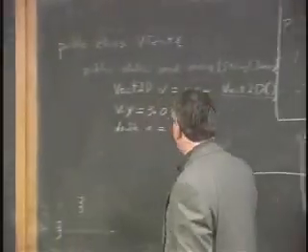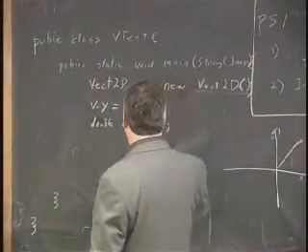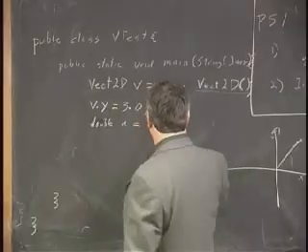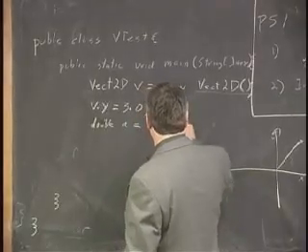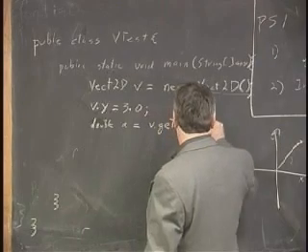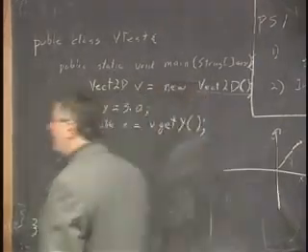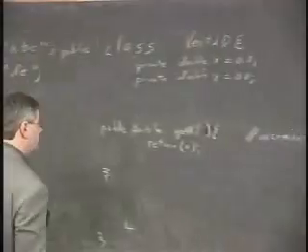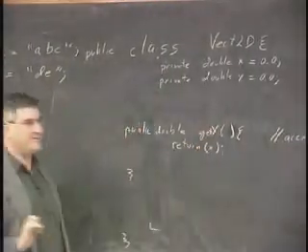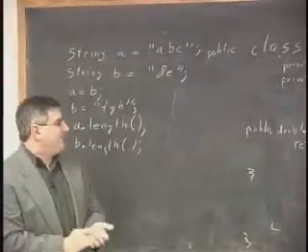Now we can make one of these for y also. Now we're calling our method. I'm going to cheat and just turn that into the y1. All right.